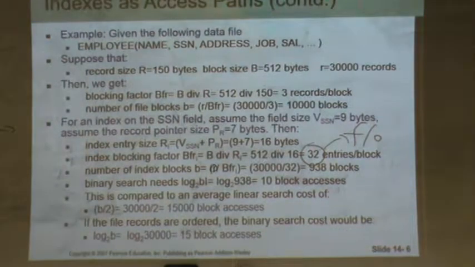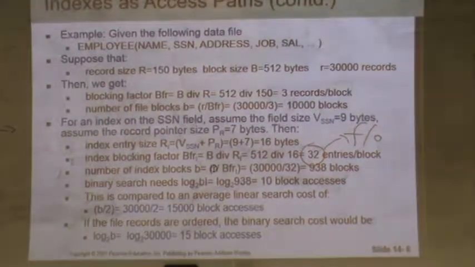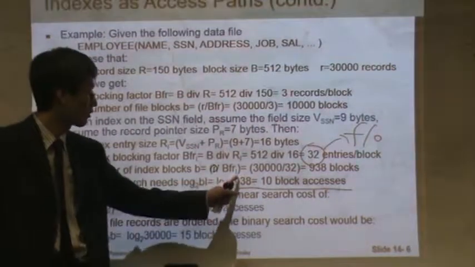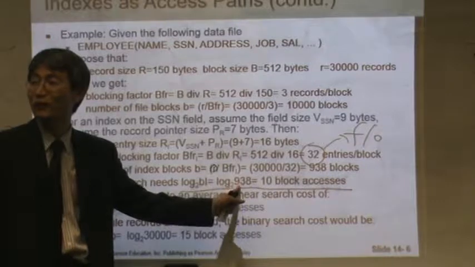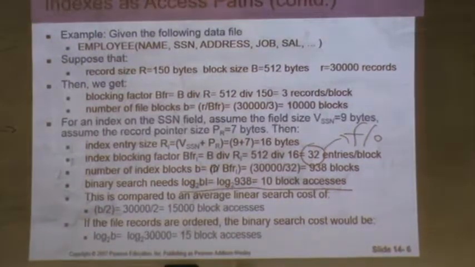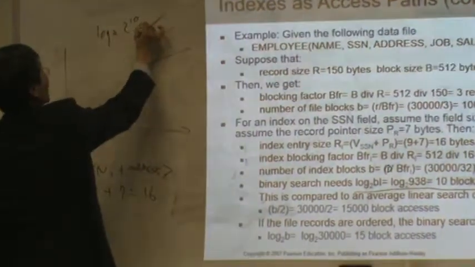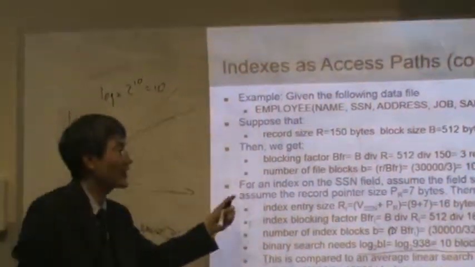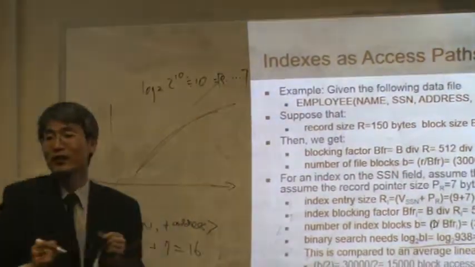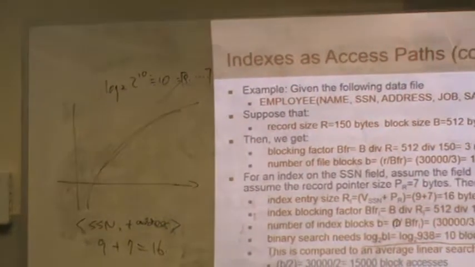First, we can search the index using binary search. With binary search, that is the logarithm of 938, so 9 point something. How do you know? It's a little less than 2 to the power of 10, and log of 2 to the power of 10 is 10. So it's less than 10, which means 9 point something, but at least you need the entire block.